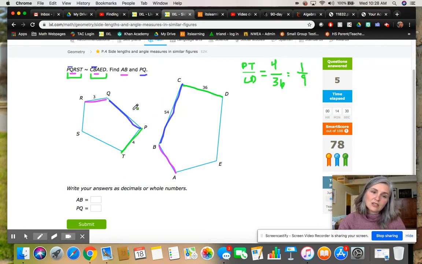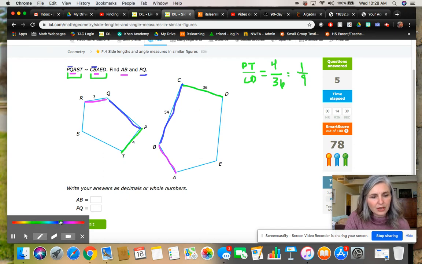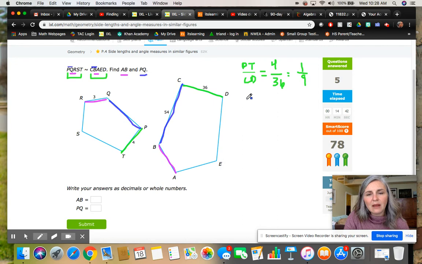So if I look at these two blue sides, if I want to find PQ, then I know that, let me switch to blue here. I know that I'm looking at, and I'm starting with, because I started with PT, every time I'm going to be starting with a smaller figure. So I'm saying that PQ is to CB, right?